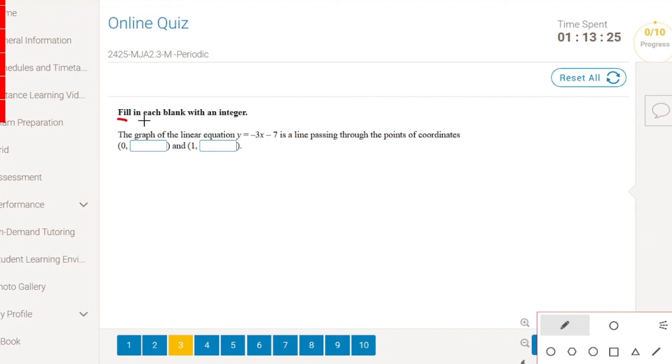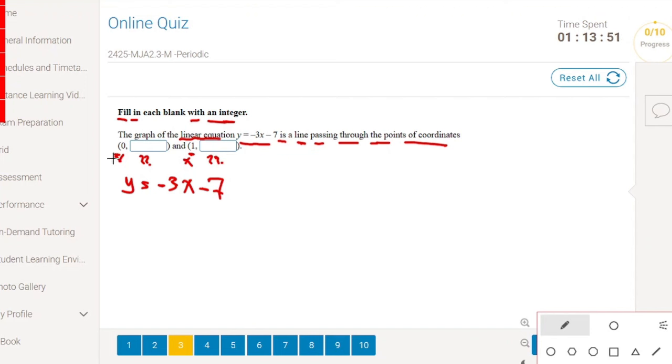Now, fill in each blank with an integer. The graph of a linear equation y equals minus 3x minus 7 is a line passing through the points with coordinates (0, y) and (1, y), where y is missing.